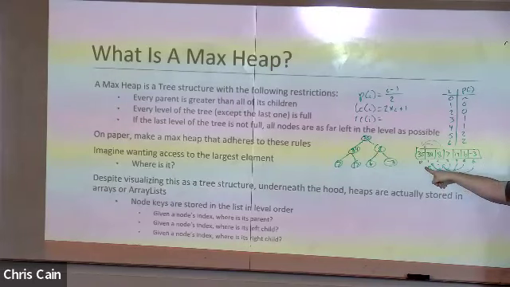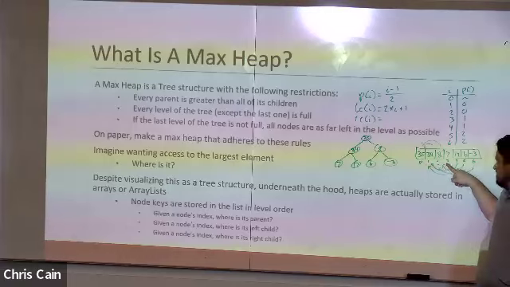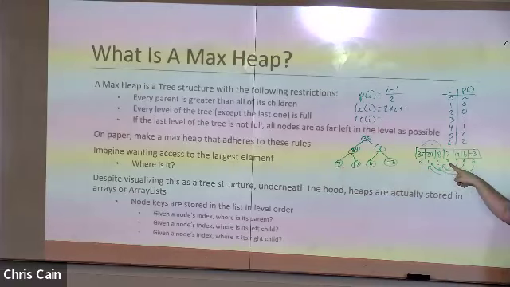If we wanted to find the left child of 34, 34 is at index 1, you take 2 times 1, which is 2, plus 1, which is 3, and what's at index 3 is the left child of that number.